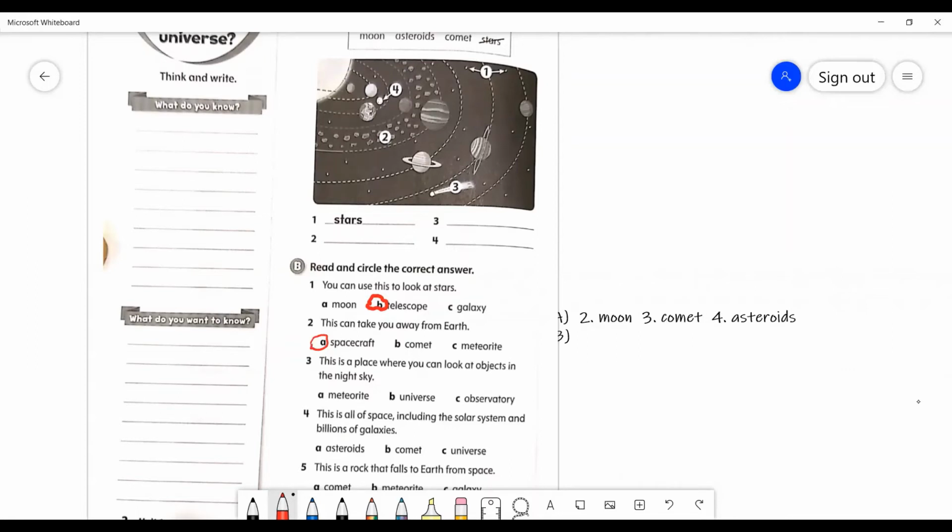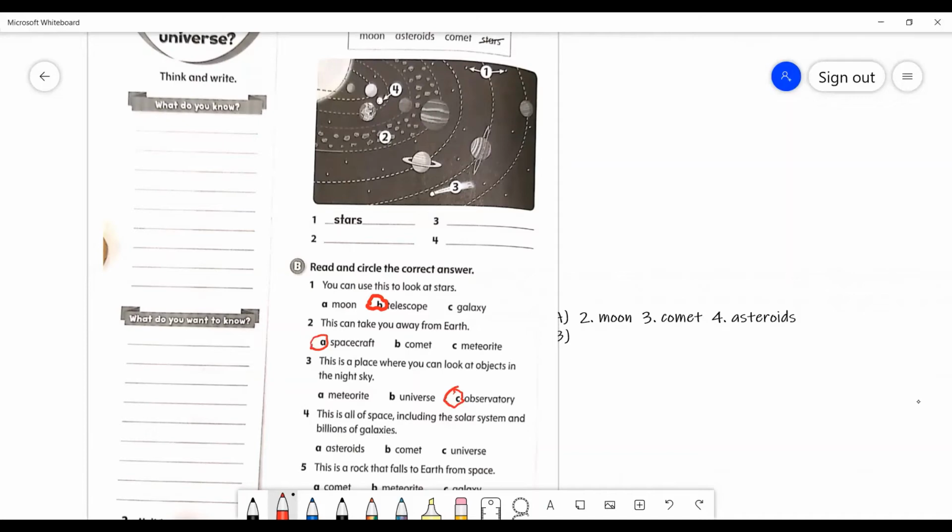A, meteoroid, B, universe, C, observatory. So 3 will be observatory, which means C will be the answer.